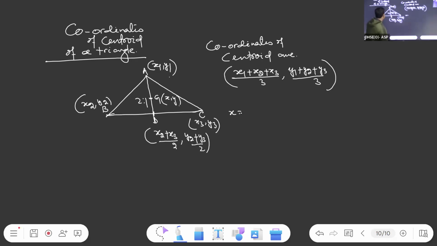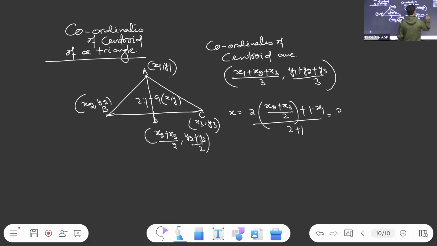That is, left ratio should be multiplied with right coordinate. x is 2 into (x2 plus x3) upon 2 plus 1 into x1, divided by 2 plus 1, which is equal to (x1 plus x2 plus x3) upon 3.